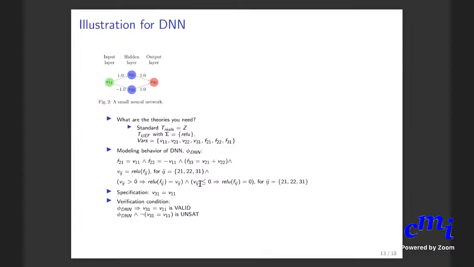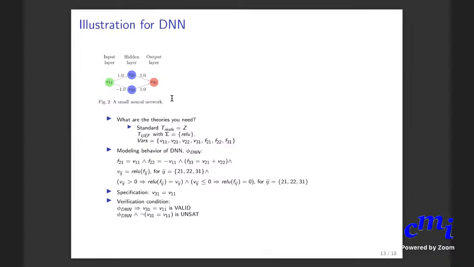This connection you will have to see, because depending upon the problem, you have to use the appropriate theories that are supported by the SMT solver. In this case, I'm using a combination of two theories. One is the theory of reals. Why do I need the theory of reals? Because after all, I'm using various operations on reals, like negation, plus, and generally, if the coefficients are something other than 1, you'll also need multiplication.